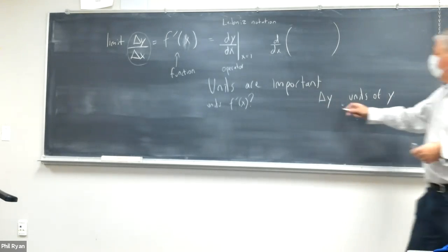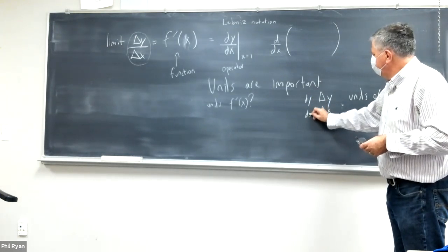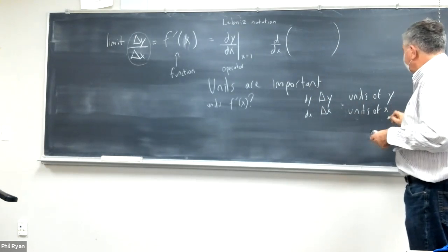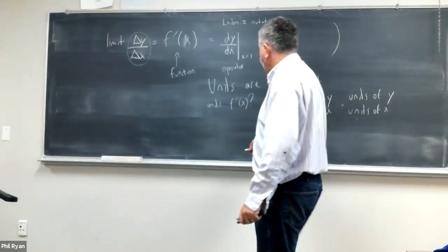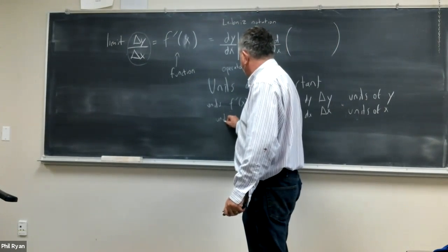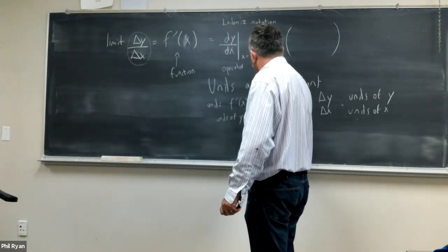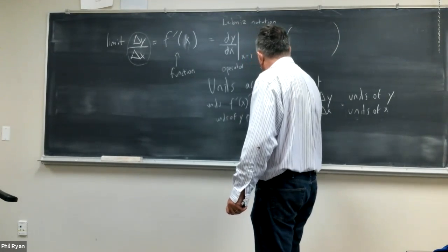And the units of delta x, so this is also the units of dy, these are the units of dx, is units of x. Right? If we change from 0.2 seconds to 0.3 seconds, the change is 0.1 second. So the units of f prime of x are the units of y per unit of x.